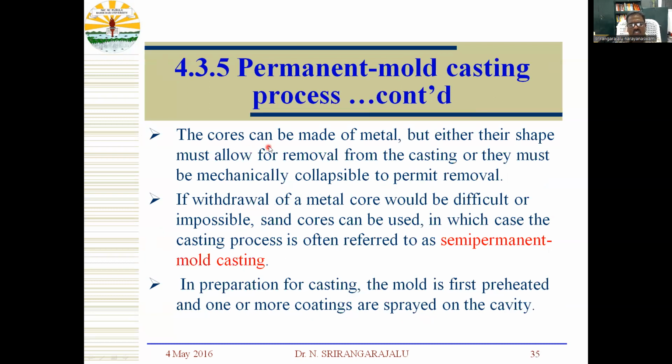The cores can be made of metal, but either their shape must allow for removal from the casting or they must be mechanically collapsible to permit removal. If withdrawal of a metal core would be difficult or impossible, sand cores can be used, in which case the casting process is often referred to as semi-permanent mold casting.